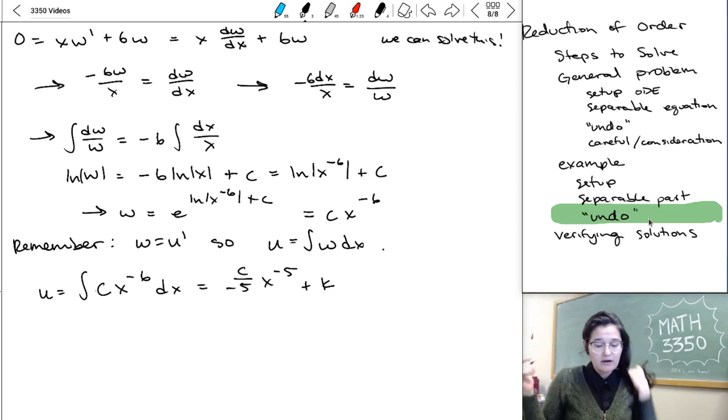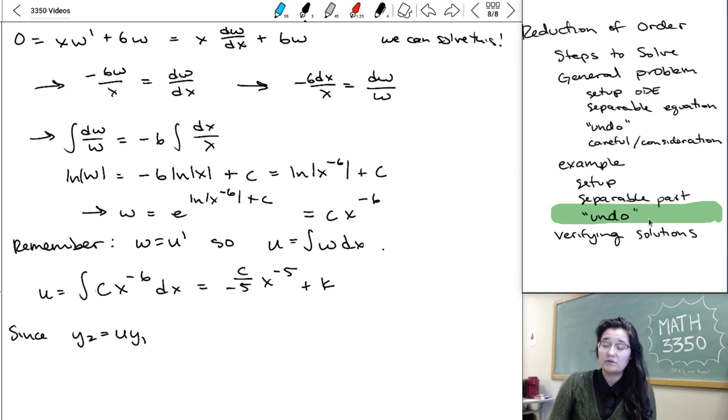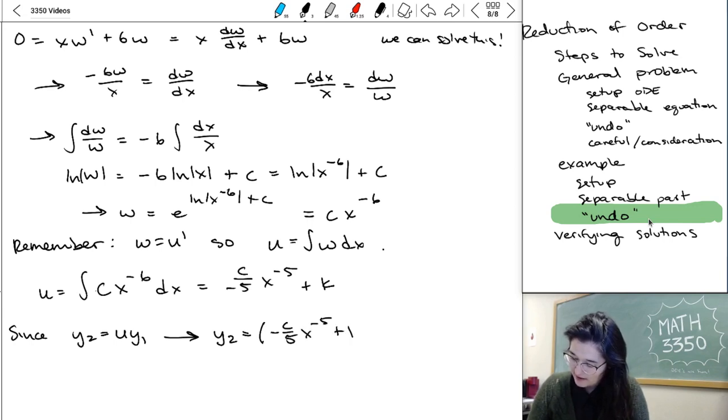And then from here, the reason I wanted u was to give me y2. So since y2 equals u times y1, now we know, I'm going to do a little arrow to make me feel like stuff's happening, my u was that negative c over 5 x to the minus 5 plus k.